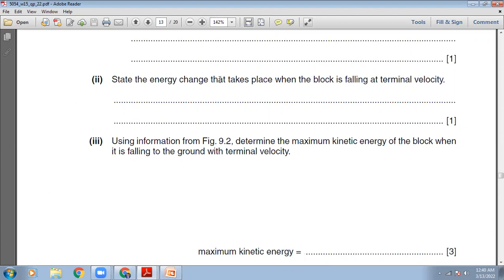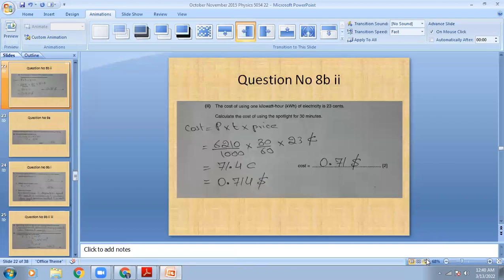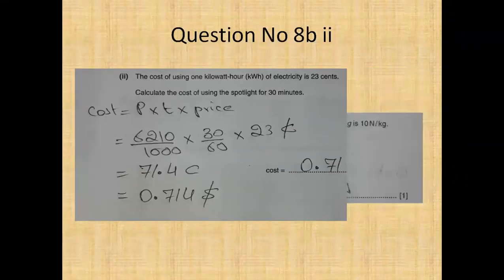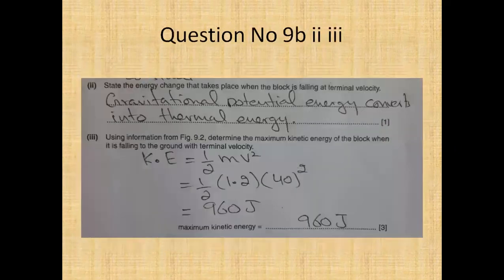Then it says, using the information from figure 9.2, determine the maximum kinetic energy of the block when it is falling to the ground with the terminal velocity. From this figure, I can tell the maximum velocity is 40, and we can calculate the kinetic energy. The formula for the kinetic energy is 1/2 mv².